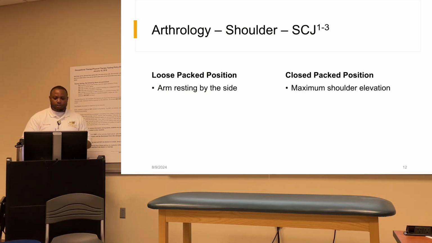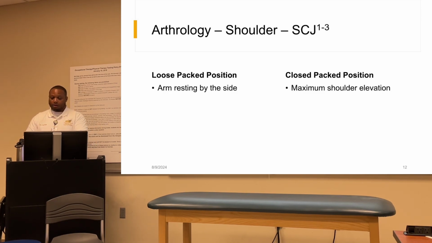So loose pack position for the sternoclavicular joint is the arm resting by the side, and the closed pack position is maximum shoulder elevation. And again, the loose pack position in lab, we're gonna maintain the same loose pack position that we maintain for the glenohumeral joint when it comes to assessing the component motions and accessory motions.